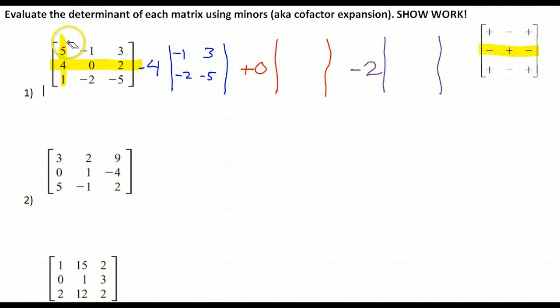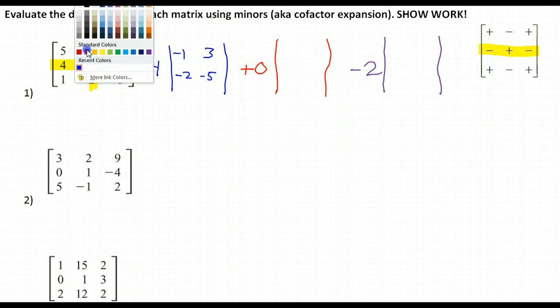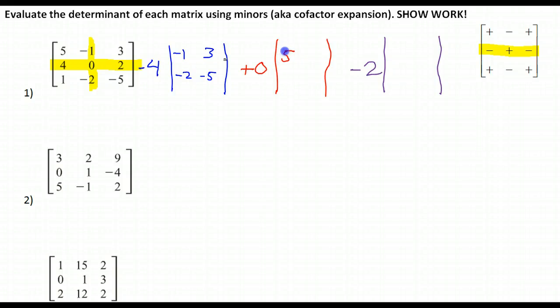When we move on to the 0, then you cross out the 0 column. And then you look at the numbers that are left, which in this case are 5, 3, 1, and negative 5. All right, and then we move on to the 2 column.